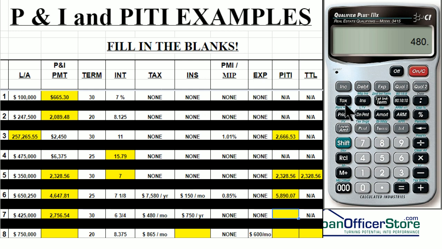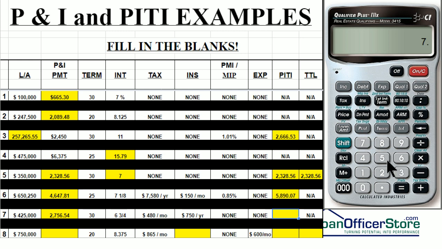So if we just went right to the tax button, it would only put it in as $480 a year because these are preset to be annual. So we're going to go shift. We're going to change it to a monthly, which is $480 per month. All right, and if you wanted to see how much that was annually, you would be able to toggle through and see it's $57.60. The next one we have is the insurance at $750 a year.